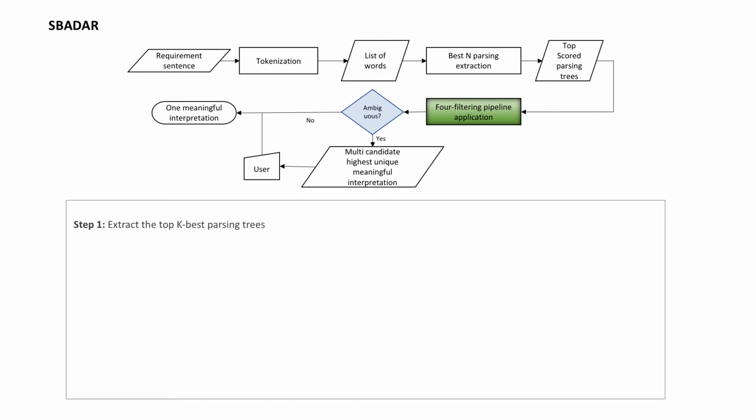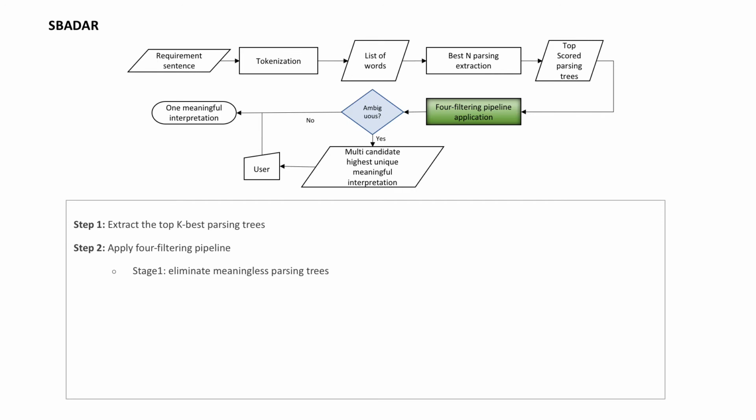We get the top scored parsing trees. We rely in this process on the Stanford CoreNLP. So we feed the top n parsing trees into a stage of 4 filtering pipelines.